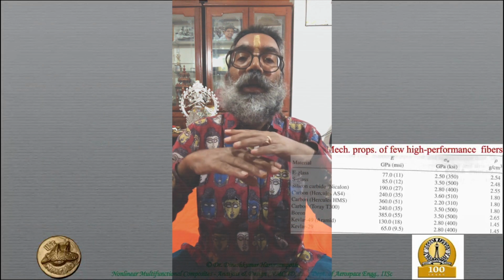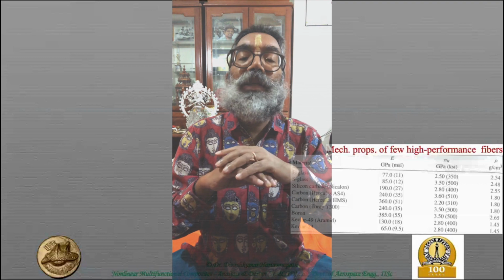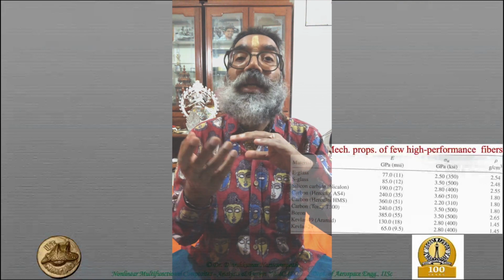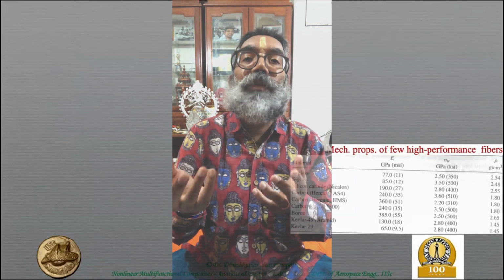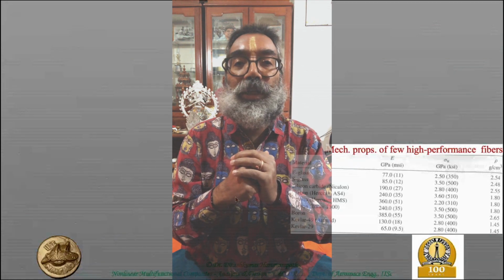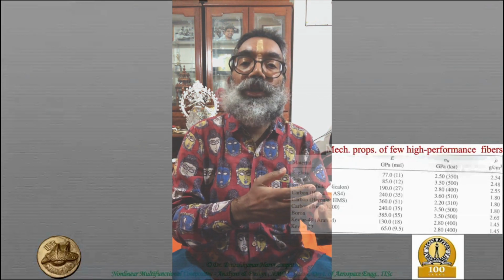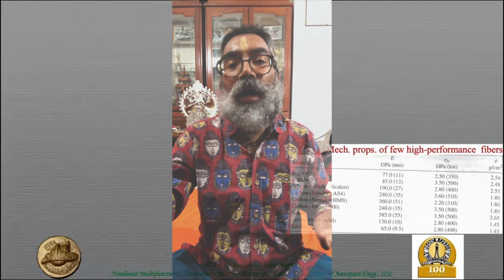And so we are using our ingenuity in order to have all these different directions and use it along with another material, which is the matrix, in order to accomplish certain things which fiber by itself cannot do. But we still want to take advantage of the phenomenally large tensile longitudinal properties that it has, both in terms of the Young's modulus as well as the ultimate strengths.